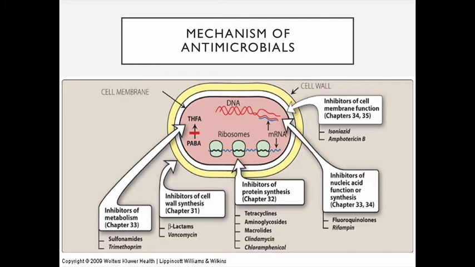For example, the tetracyclines interfere with the transfer of RNA, while the aminoglycosides basically change the shape of the ribosome. And when the ribosome changes shape, protein synthesis is impeded or inhibited. So that's in a nutshell how these drugs work. And again, we're going to talk about them individually.